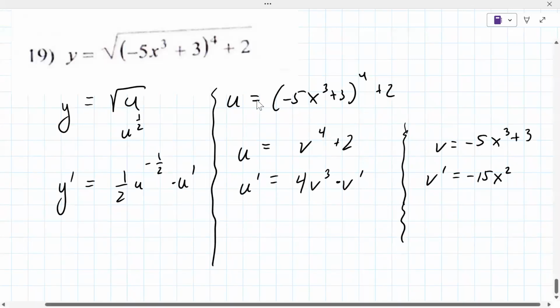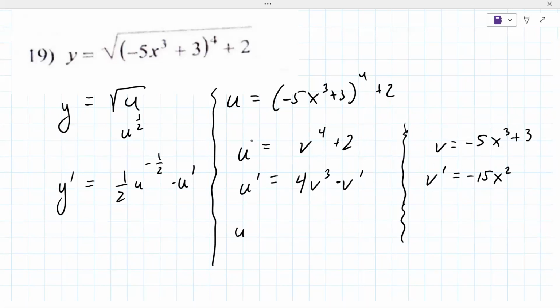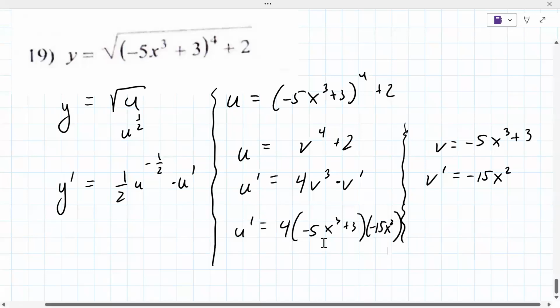All right, so you know what u is, but u prime is in terms of v, so you substitute in for v. Your u prime is 4 times (minus 5x cubed plus 3) cubed, and v prime is minus 15x squared, like that. So all of this is now u prime, and u is this.